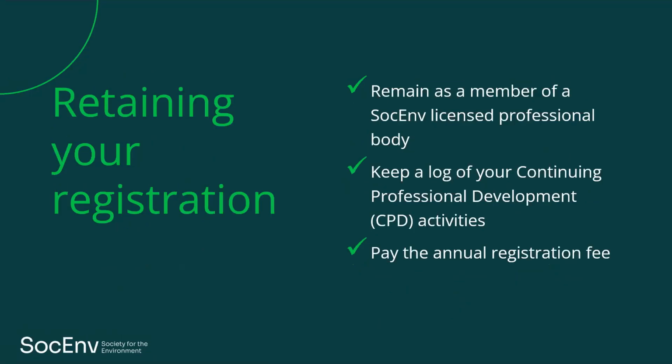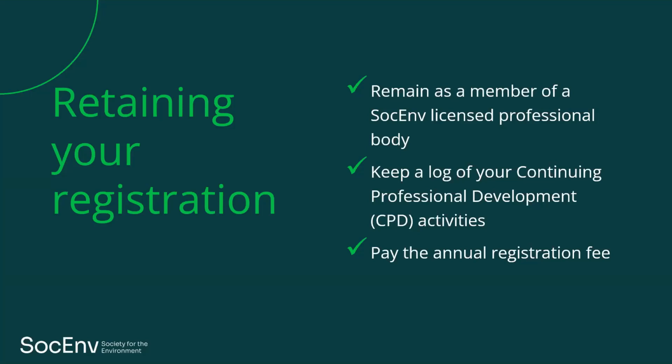Okay, so you've gone through the effort of gaining RFP registration. You probably want to keep hold of it. 3 key steps to do this include remain a member of one of our licensed professional bodies. Now, this could be the professional body you achieved your RFP with initially.